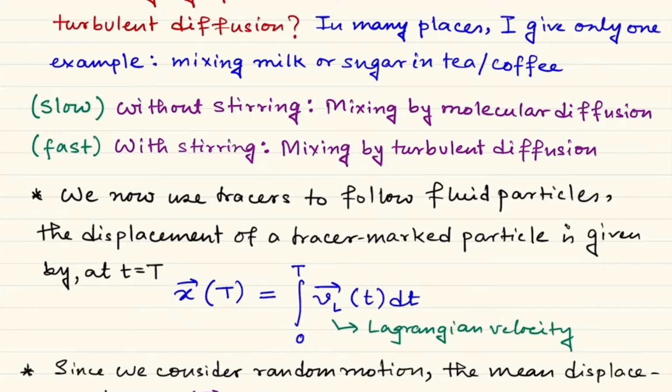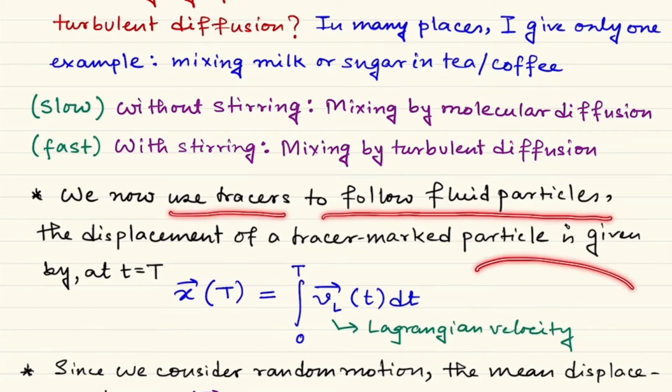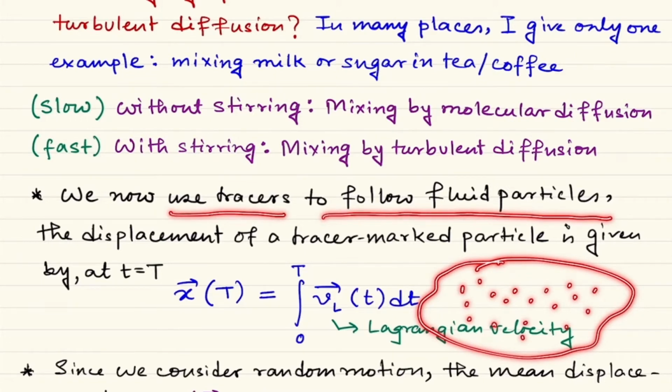So first we use some tracers to follow some fluid particles. That means in a container of fluid, you use some fluorescent elements. You drop some fluorescent colored points, and then you follow the trajectory of those fluorescent points.